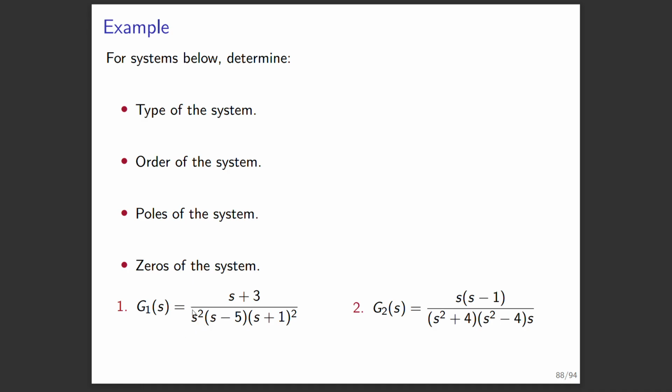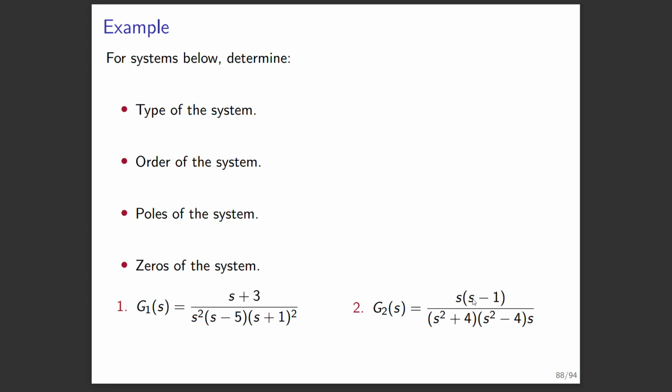So the type of the system is 2. What's the order of the system? Order is the number of poles we have. 1, 2, 3, 4, 5. So the order is 5. What are the poles and what are the zeros? Well, I have 1 zero at negative 3, and I have 5 poles: s equals 0 twice, s equals plus 5, and then s equals negative 1 twice.